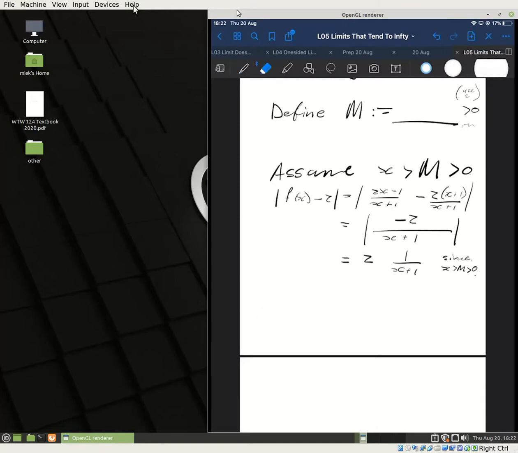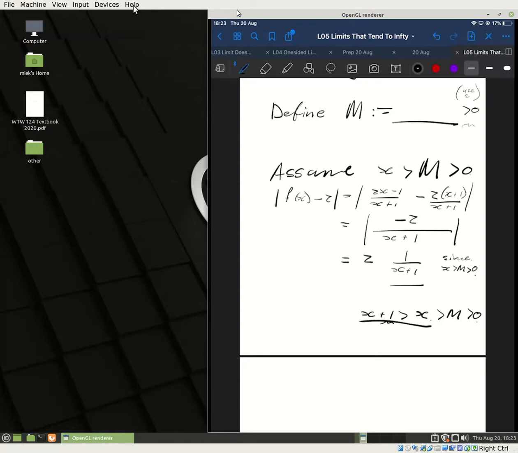Now also, let us take a look here. x plus 1 is bigger than x, which we have assumed is bigger than m. So if you add something to a number that is bigger anyway, and that is bigger than m, which is bigger than 0.